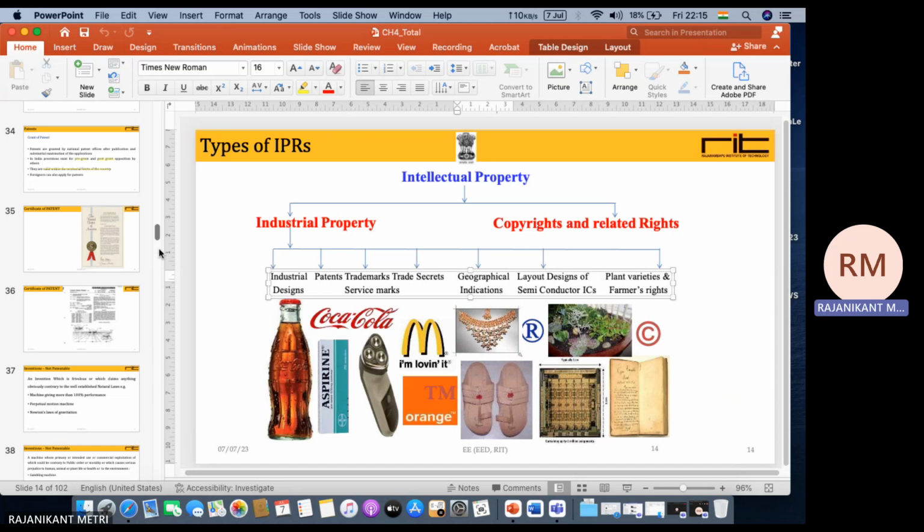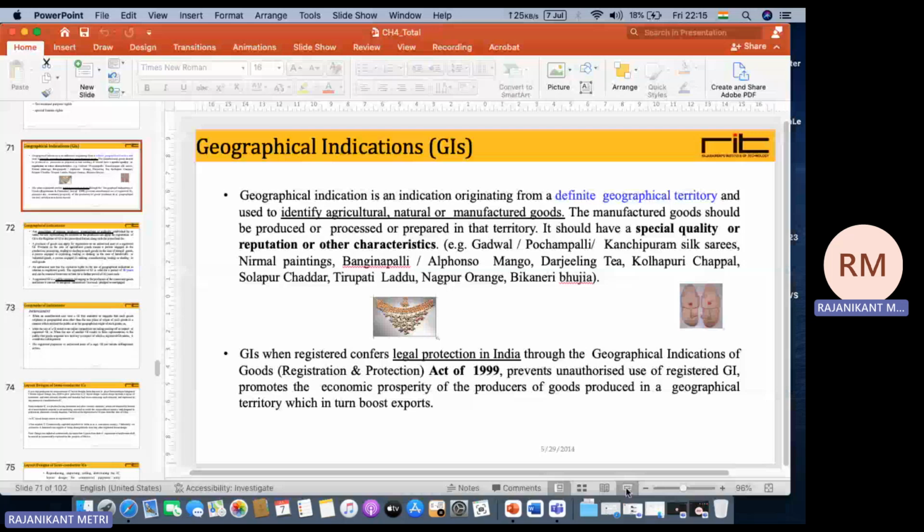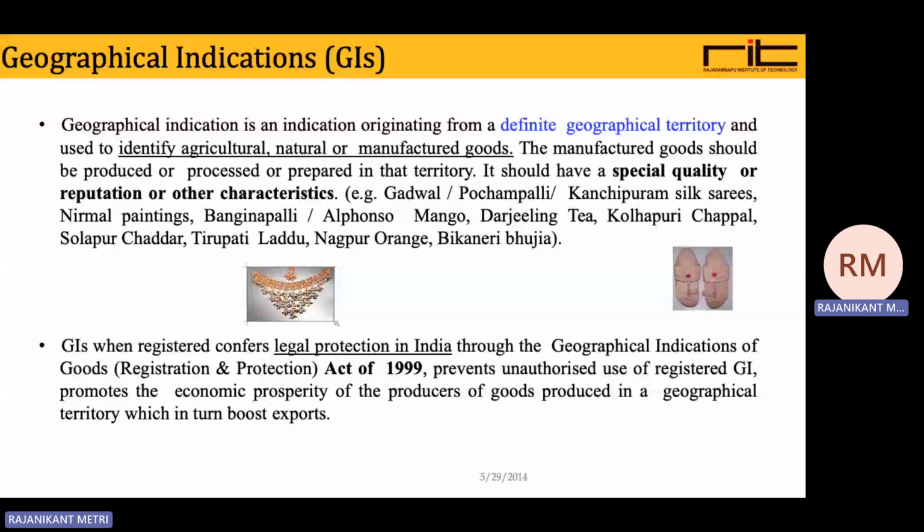So, a geographical indication is an indication originating from a definite geographical territory and used to identify agricultural, natural, or manufactured goods. The manufactured goods should be produced or processed or prepared in that territory. For example, Nagpur is famous for oranges.